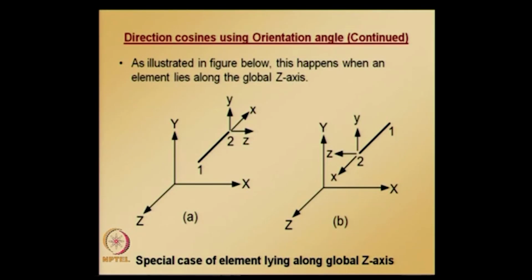If you see these two vectors, which are oriented in the way they are in figures A and B, you can easily check that Lx and Mx are 0 for this. So, Lxy is going to be 0.